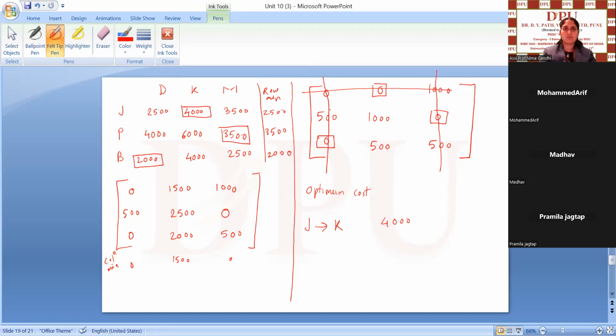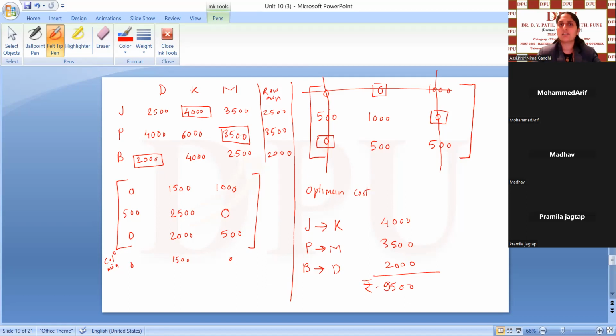So you will send a salesperson from Jaipur to Kolkata, from Pune to Mumbai, 3,500, and from Bangalore to Delhi by spending 2,000. So if you do the total, it is 9,500. The cost of the transportation for the company is 9,500.